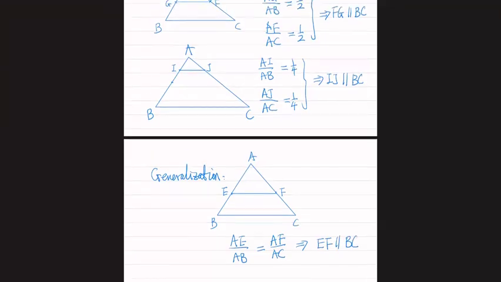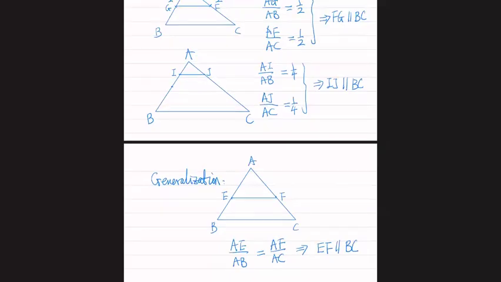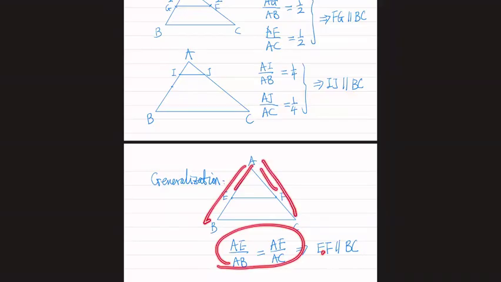It's a generalization of what we had from the midpoint theorem. The midpoint theorem tells us if this all equals 1/2, we have the parallel lines. If we apply it again, 1/4, we also have this. Then 1/3, 2/3, for any number, as long as the two ratios are the same, the two lines will be parallel.